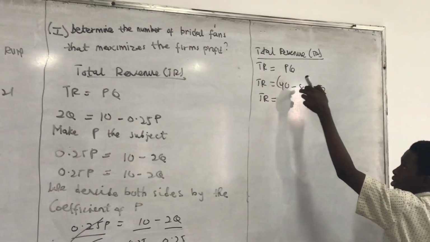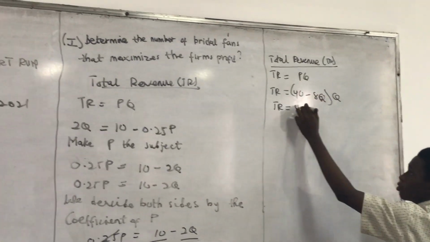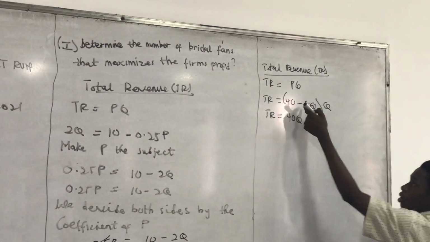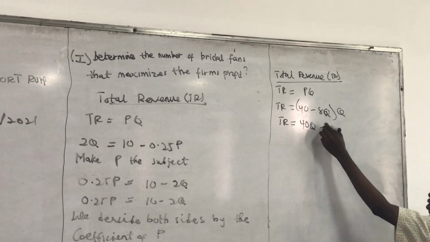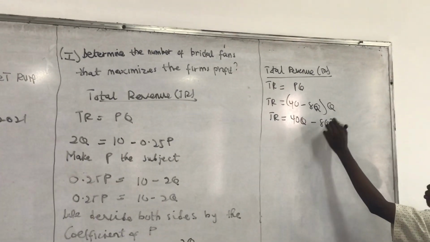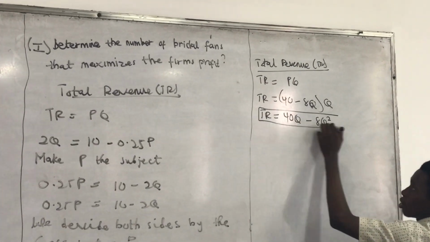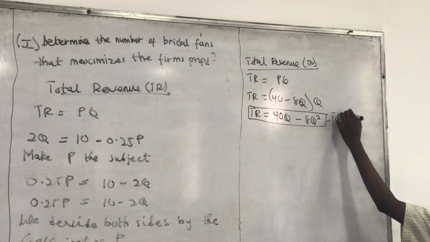Q times negative 8Q gives you negative 8Q squared. So this becomes our total revenue function: TR equals 40Q minus 8Q squared.